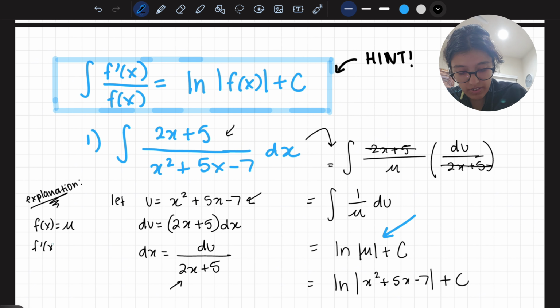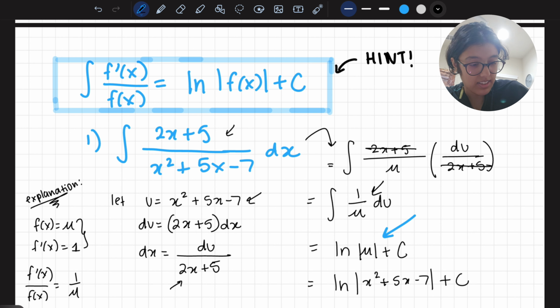If we take the derivative, we are left with 1. We're taking the derivative with respect to u because we see the du over here. This automatically means that we can apply this theorem because now we have f prime of x over f of x, and that is equal to 1 over u. That is exactly what we have over here. And this is equal to the natural log of the original function, which was u. So implicitly, we just applied this formula, but this formula becomes extremely helpful when we have more complex problems. But either way, that is how.